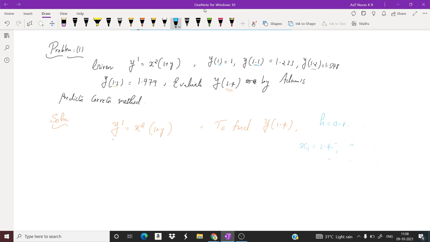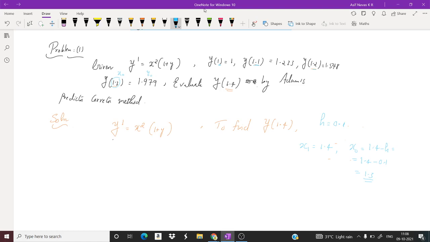Therefore x naught is equal to 1.4 minus h, which is 1.4 minus 0.1, so 1.3. So what is x naught? x naught is this value, and this is y naught.